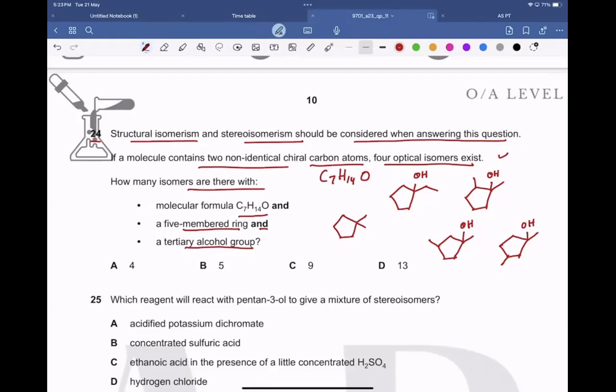I have to make the OH a tertiary alcohol group. So there are four.